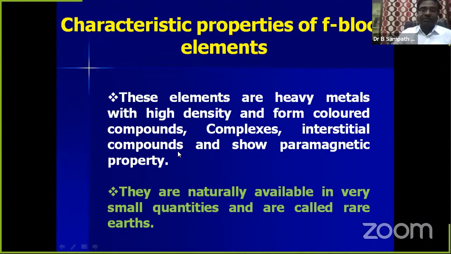These are the same as D block elements, children. They are naturally available in very small quantities. That's why these are called rare earths. So why are these f block elements called rare earth elements? Because they are naturally available in very small quantities.